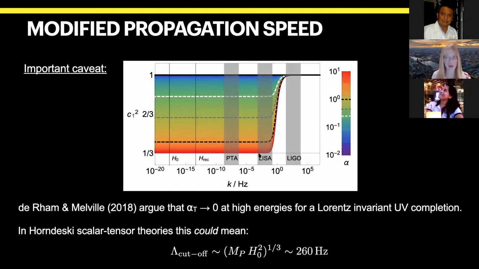Okay, so doubtless when LISA flies, there will be more tests of this kind with the supermassive black hole population. Okay, so that's the sort of the first big thing that happened in this story.